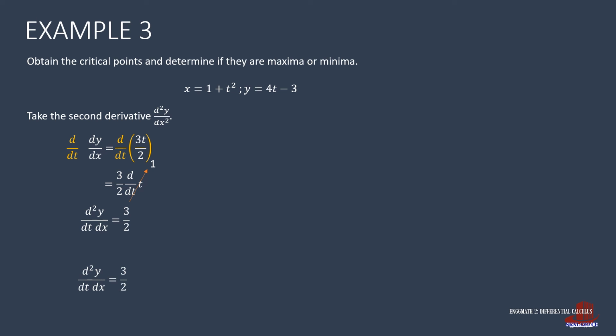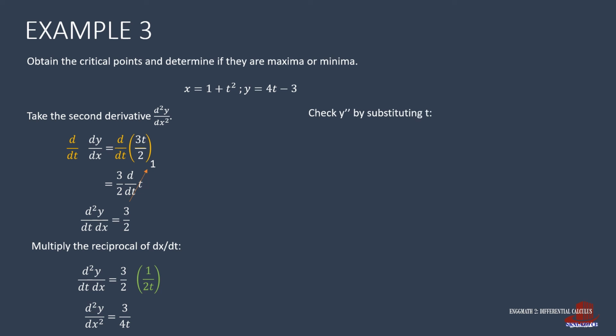To take out dt and fix dx, multiply the reciprocal of dx over dt, which is now 1 over 2t. The second derivative of y with respect to x is then 3 over 4t.